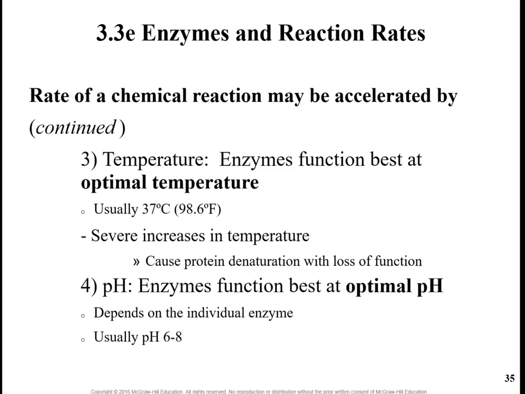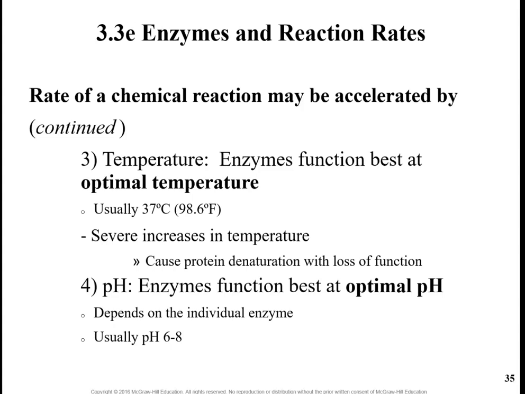The rate of a chemical reaction may also be accelerated by temperature. Enzymes function best at their optimal temperature, which in our bodies is about body temperature. It's about 37 degrees Celsius or 98.6 degrees Fahrenheit. Severe increases in temperature can cause protein denaturation with loss of function.